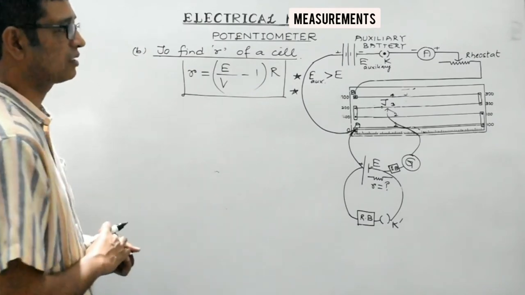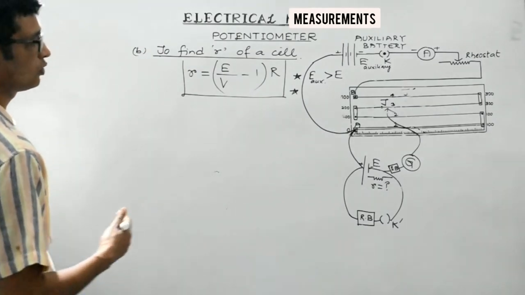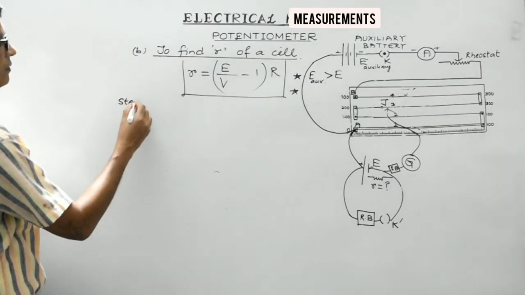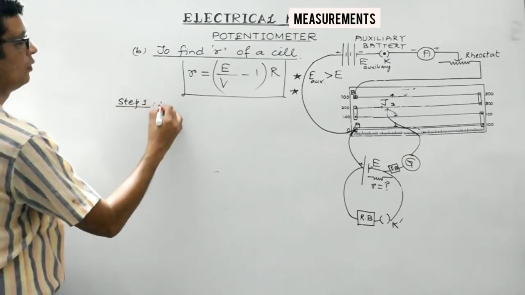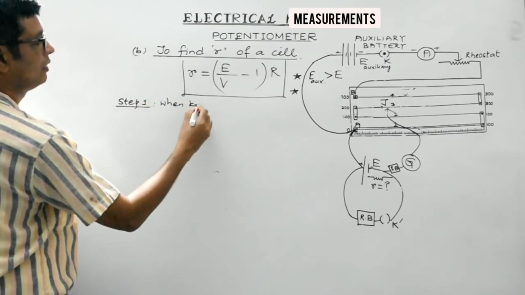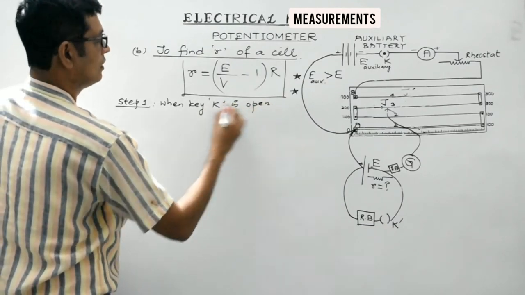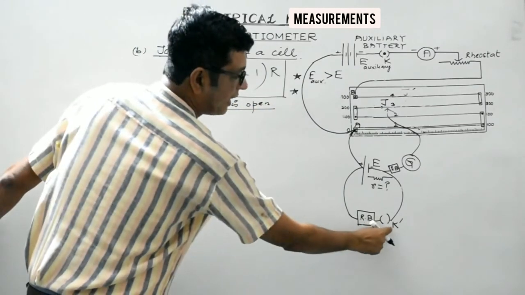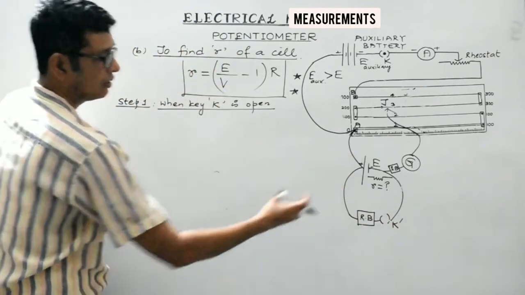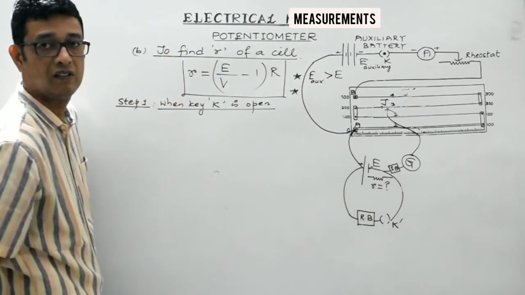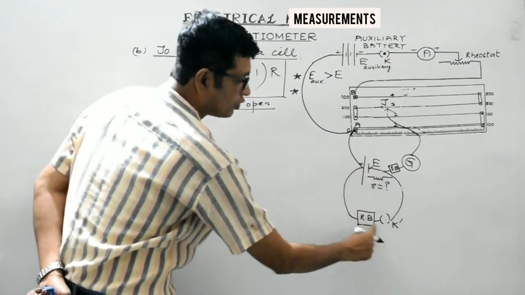Okay. Now let's concentrate on the procedure. How to proceed? Step 1. When key K dash is open. This is key K dash. It is open. That is, no current is drawn from this cell.